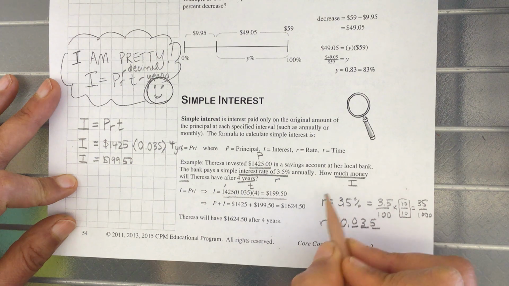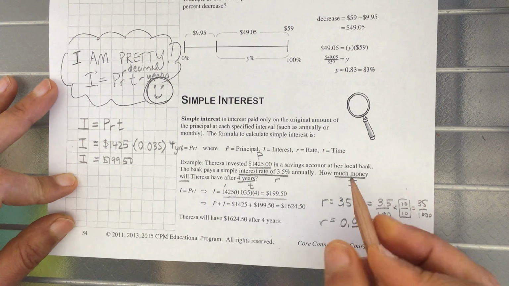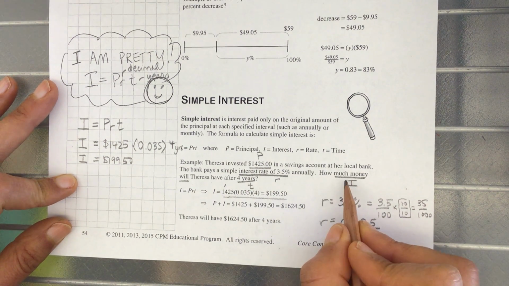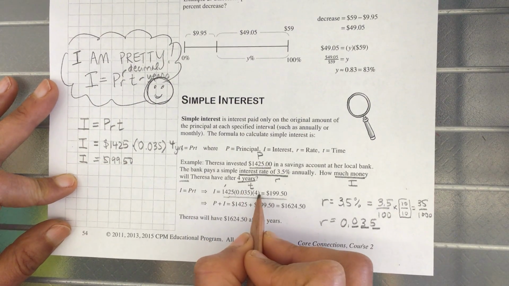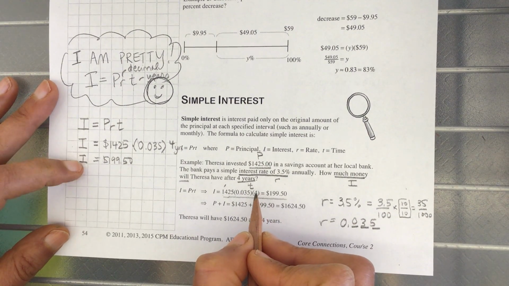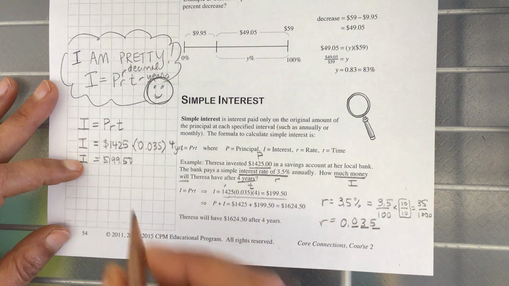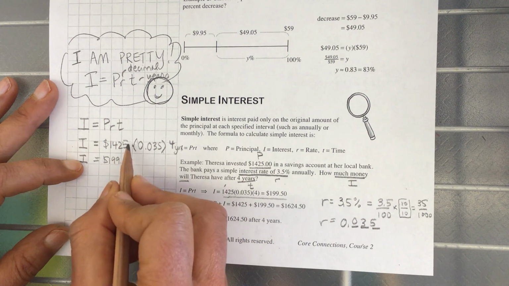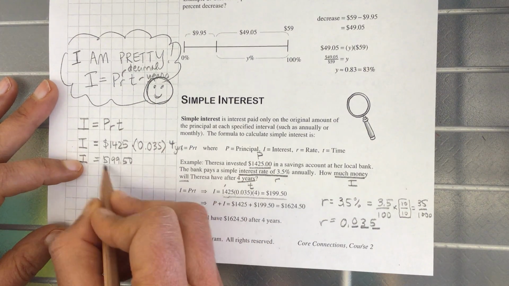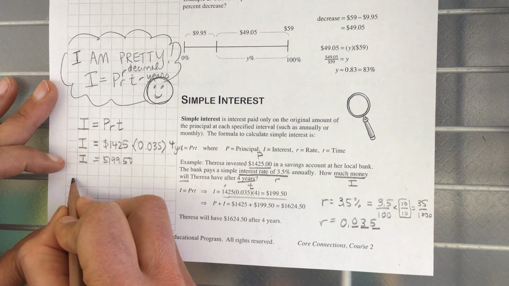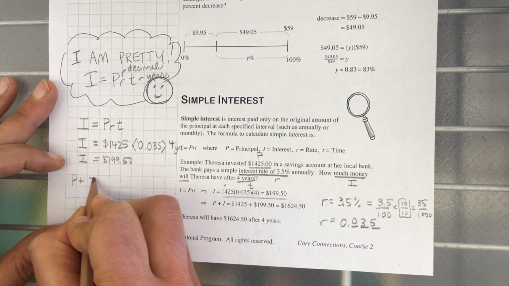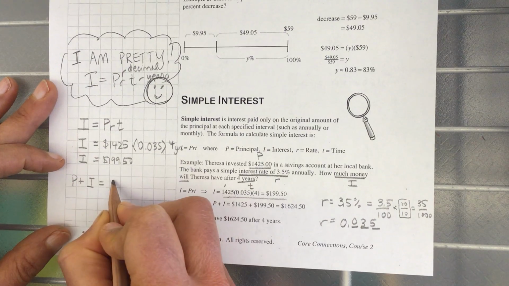And let's see if we answer the question. The question says, how much money will she have after 4 years? So it wasn't asking what is the interest she gets after 4 years, it's how much money will she have. So she had her original money, the principal, plus the money she earned.